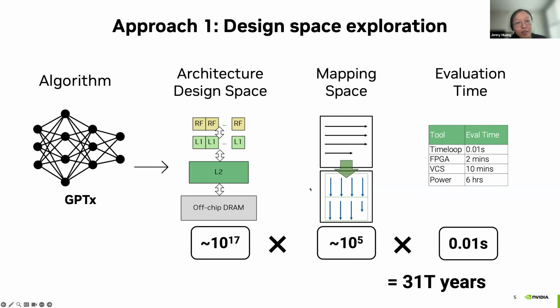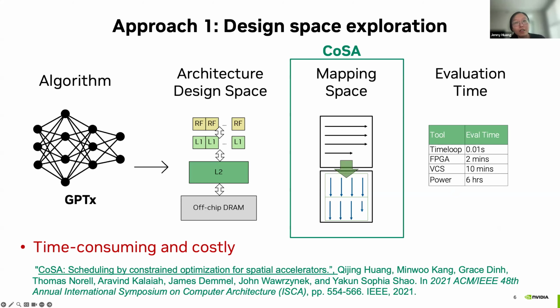Putting all these together, it could potentially take trillions of years to explore all these design options, logical time, not just real time. As a result, this process can be very time consuming and costly. A natural follow-up research question I had when I was doing my PhD is how to tackle this vast design space and get to the optimal design quickly.